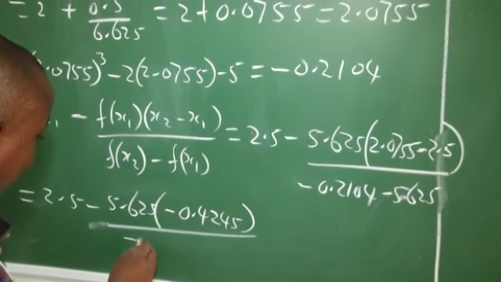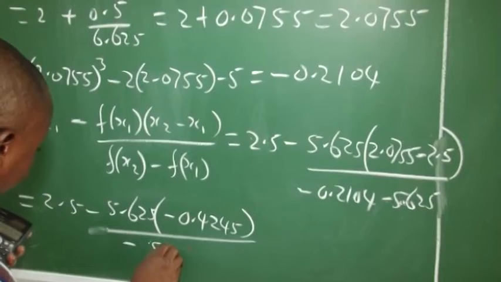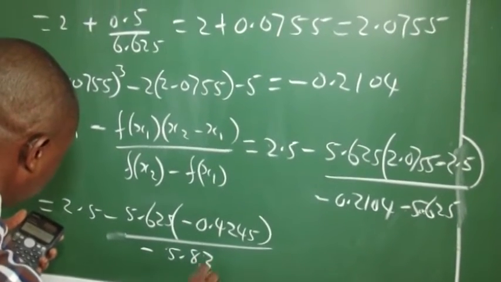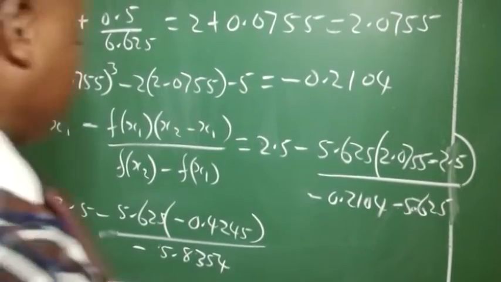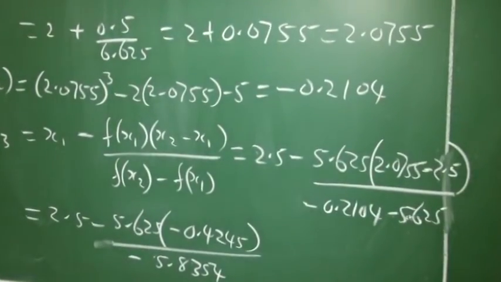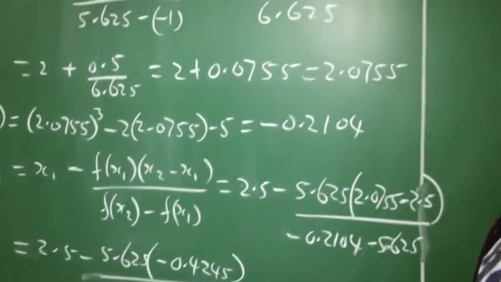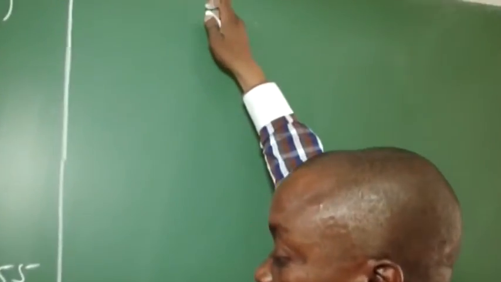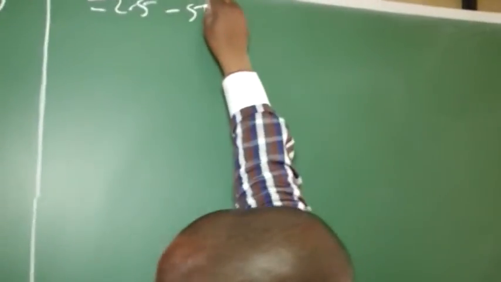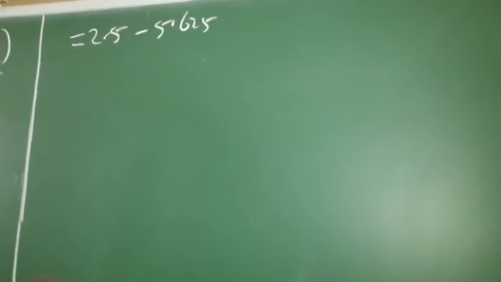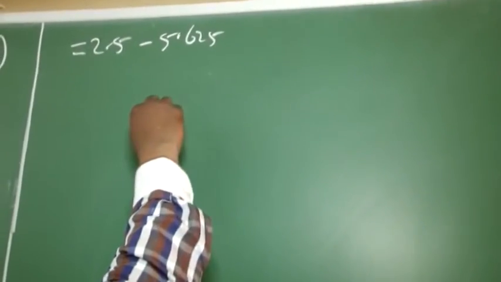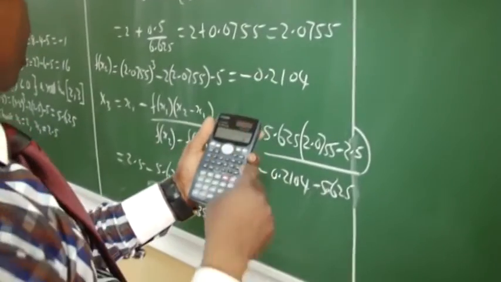So that gives us minus 5.8354. Okay, and that becomes 2.5 minus 5.625. Okay. Now we are going to multiply these two so that we'll have the plus of it.